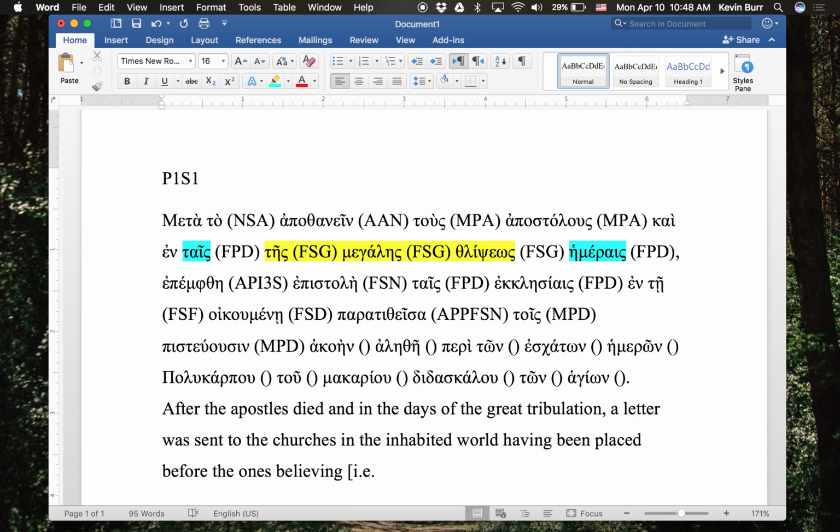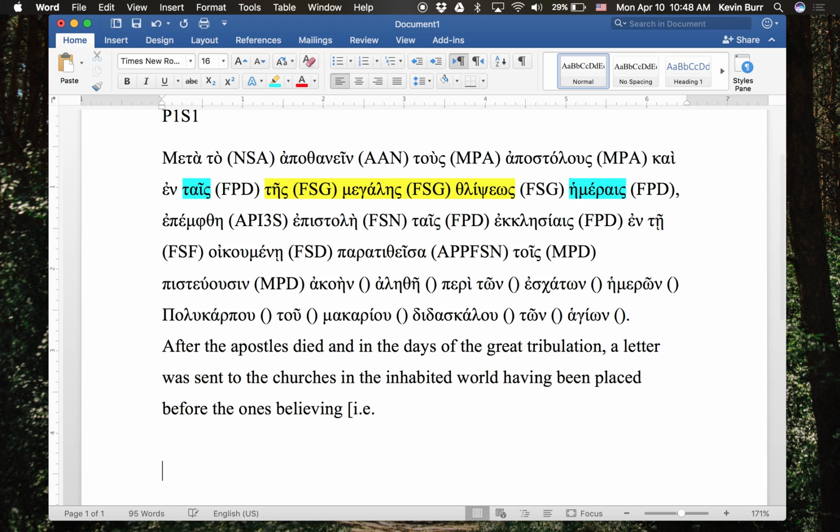I hope you all know that the abbreviation i.e. is Latin for id est. So come down here: i.e. equals id est. What id est means is that is, or something along those lines.